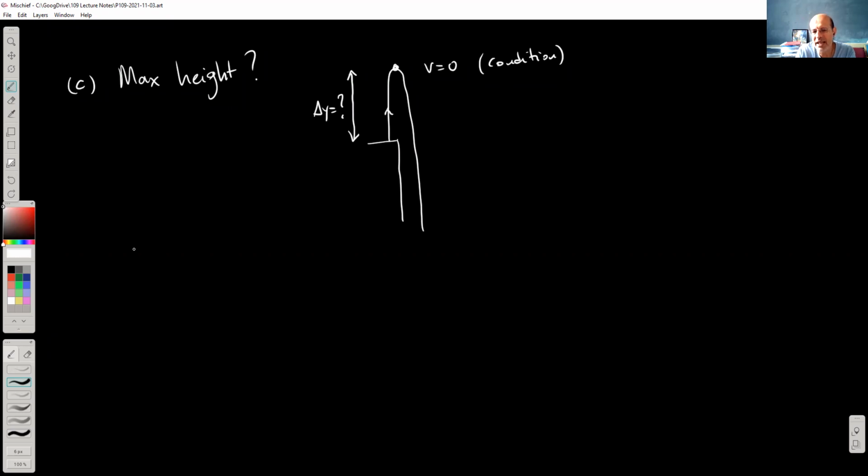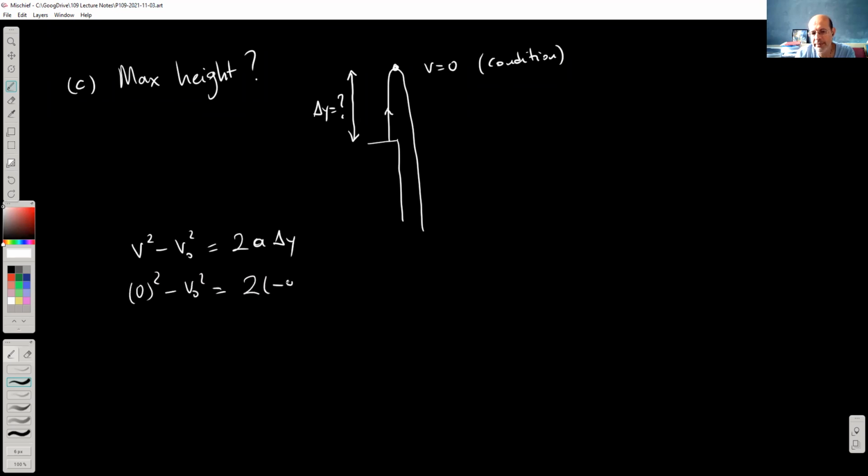In any case, I just solve this problem with V squared minus V0 squared equals 2 times the acceleration times delta y. That's the way to solve this, because you know the acceleration, you know the final velocity, and you would like to find delta y. Without computing the time to reach the topmost point, you can solve the problem like that. So in that case, V is 0.